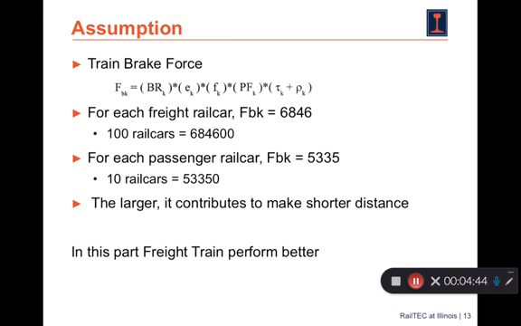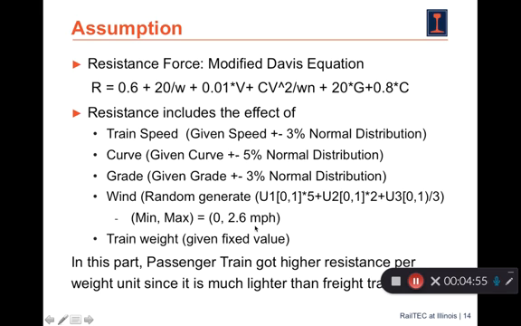This is for the brake force type. As you can see, I give a fixed value for freight trains and passenger trains respectively. Then how do we compute the resistance of a train? It is called the modified Davis equation. This formula is affected by train speed, curve, grade, wind, and train weight.